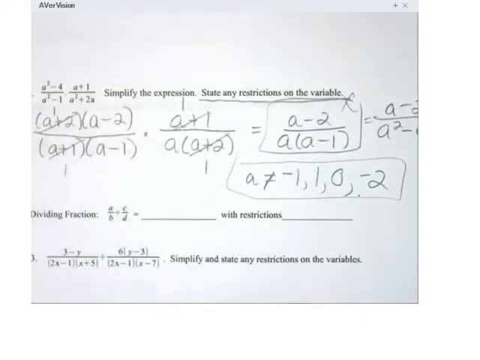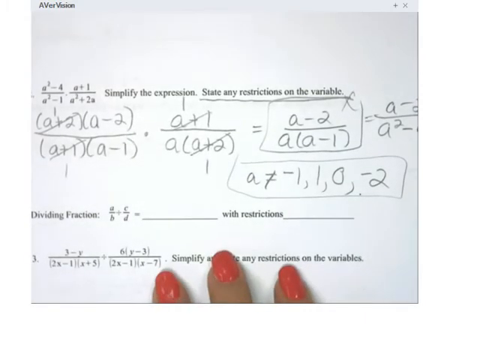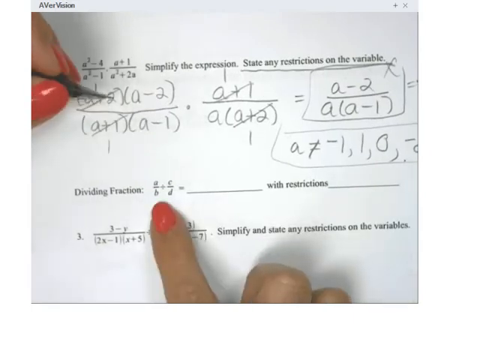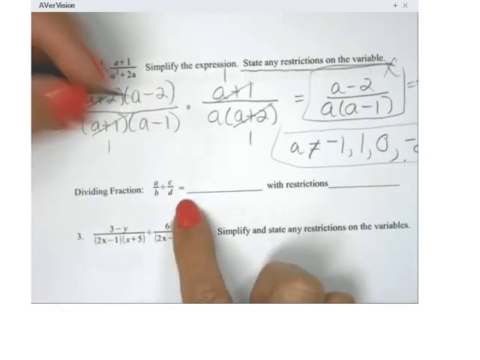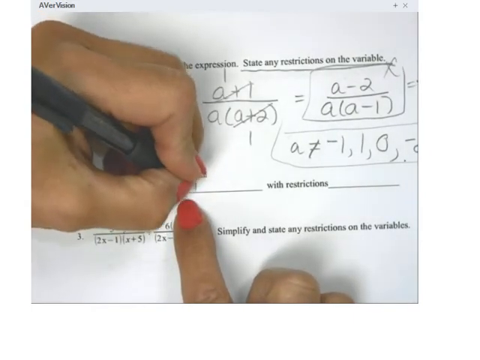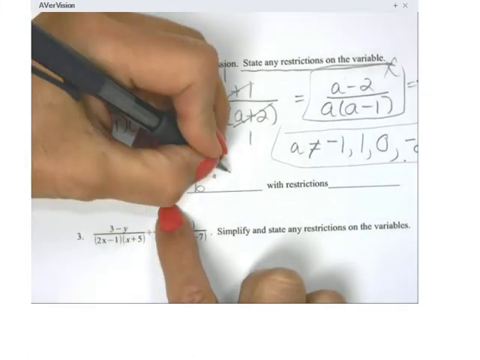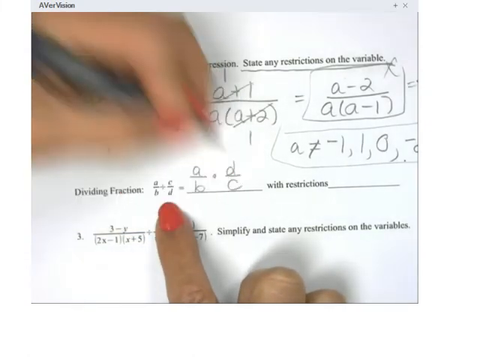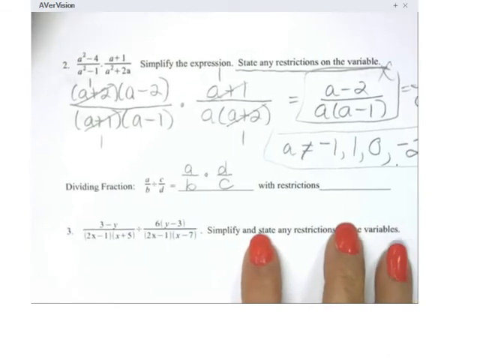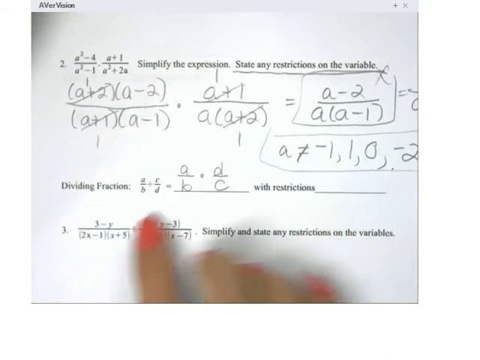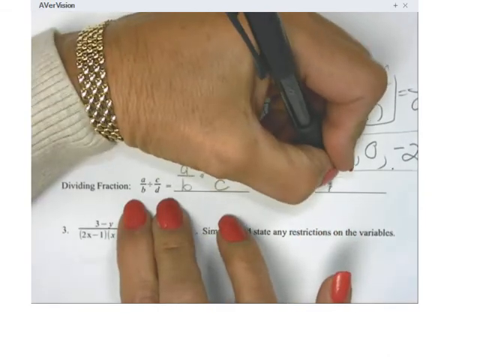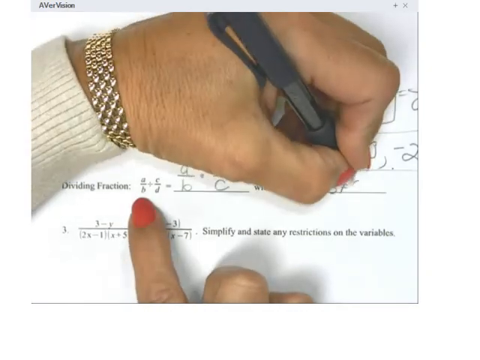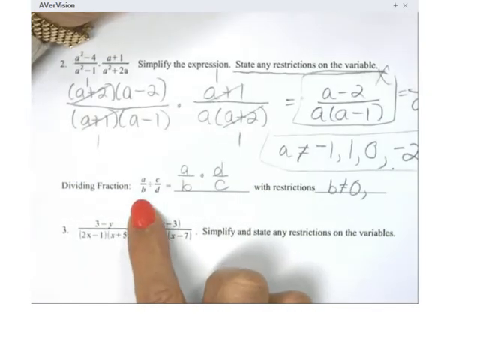Now, let's review division. When we have division of fractions, we know that if I take a fraction divided by a fraction, we change it to a over b times the reciprocal. And now, interestingly enough, we're going to have more restrictions on our variables here. We know that b could not equal 0 in the original fraction because we could not have division by 0, nor could d.